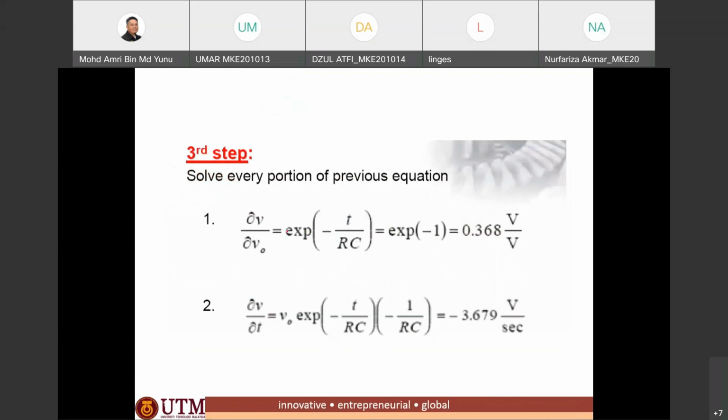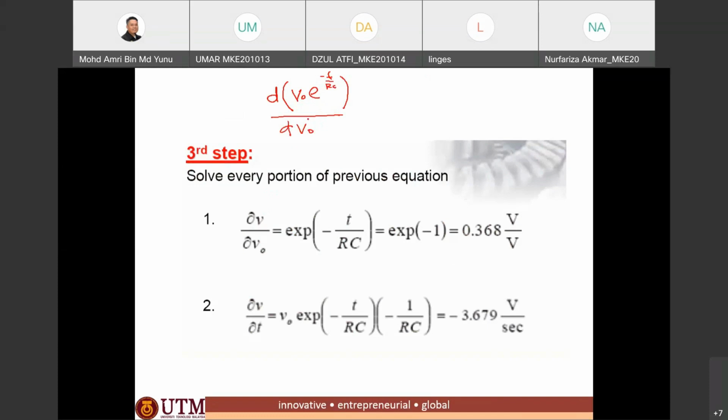Okay, the first term here, dV out over dVo. So we get this result. So how do we get this? Okay, so differentiate V out exponent negative t over RC over dVo for this first term.